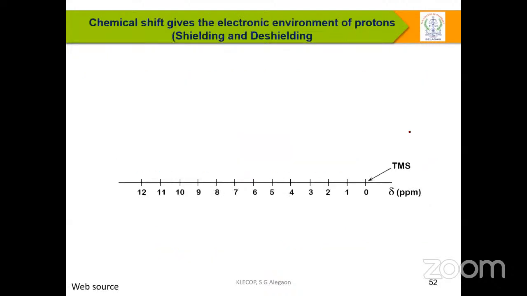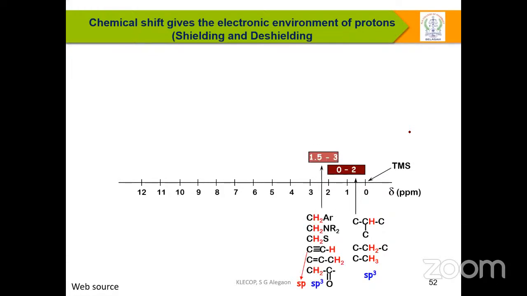Look at this. You can get this in any book, but one should understand sp3 hybridized carbons, along with the C=O character, along with another heteroatom character. These compounds we are going to get at about 1.5 to 0.2 delta ppm.